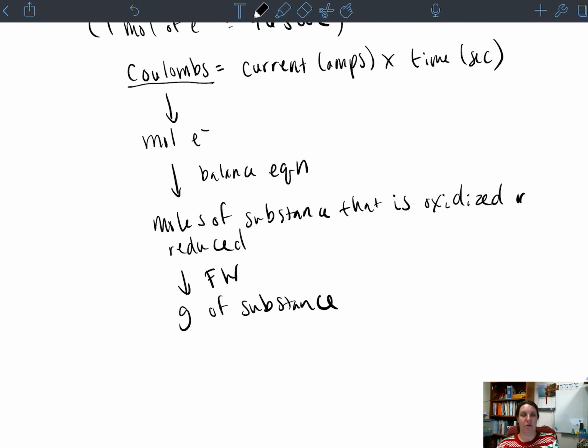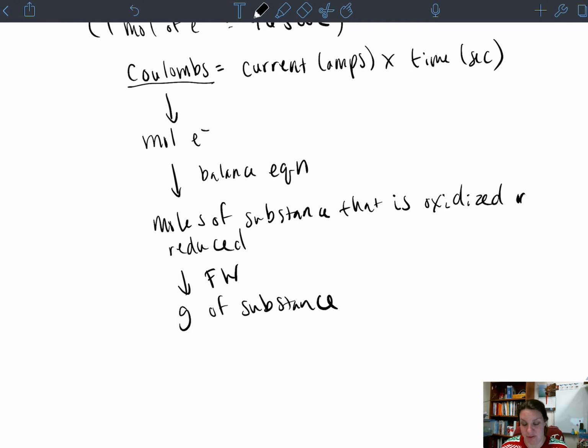With electrolytic cells, a lot of you might have heard of electroplating. That's an electrolytic cell used to produce electroplating. If you've ever had a ring that had rhodium plating or something like that, it's done using electrolysis. They put your ring in a vat of molten salt, and they do an electrolysis process that causes that metal to plate on the ring, and it doesn't go on any gems because they're not metal.